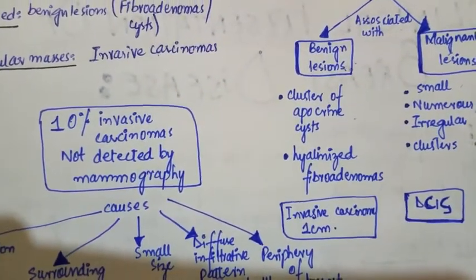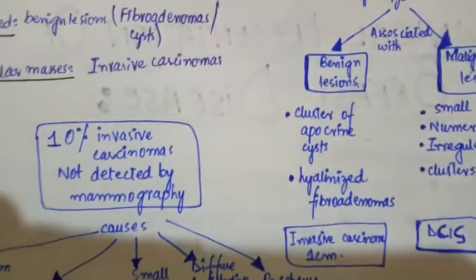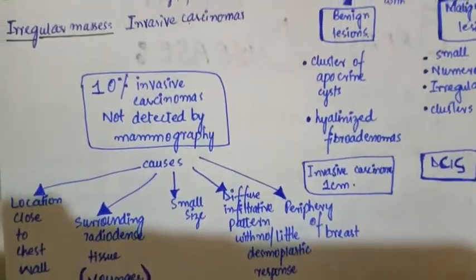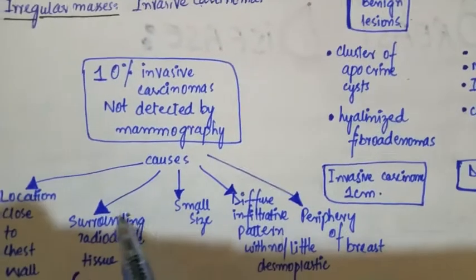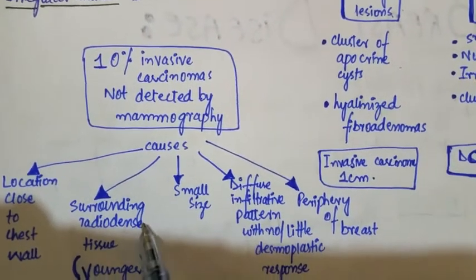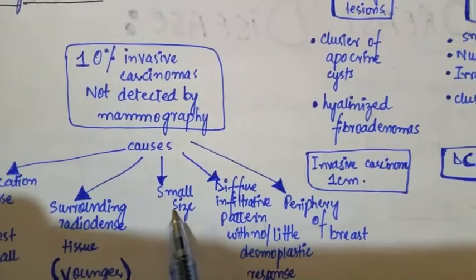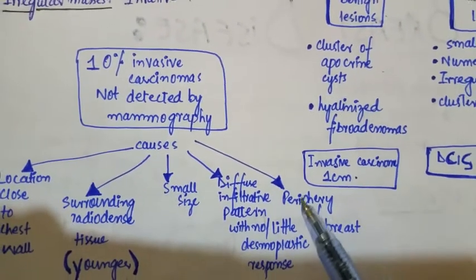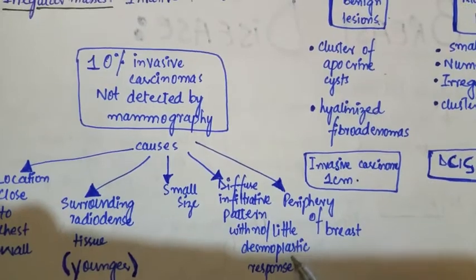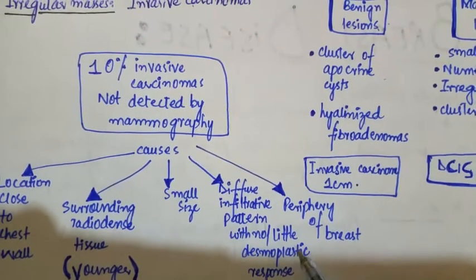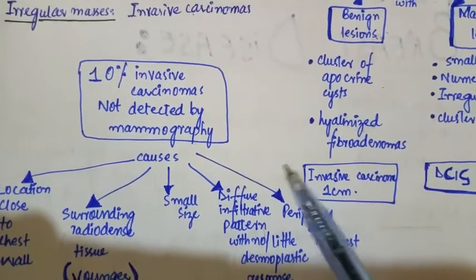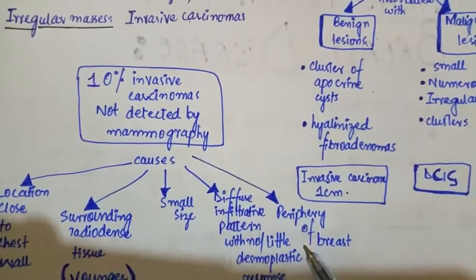Why are 10% of invasive carcinomas not detected by mammography? The causes are location close to the chest wall, surrounding radiodense fibrous tissues as in younger women, small size, diffuse infiltrative pattern with little or no desmoplasia, no disordered growth, or the lesion being present in the periphery of the breast.